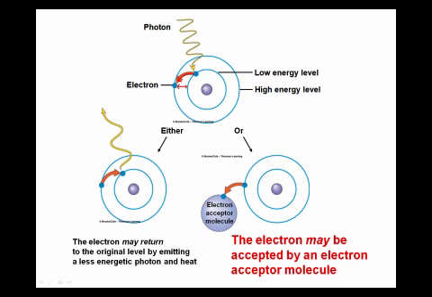And so now that energy that was absorbed by that electron has been captured. Before it was able to drop back down to its base normal orbital, it's grabbed by this electron acceptor molecule, and so a little bit of energy has now been captured by the plant.